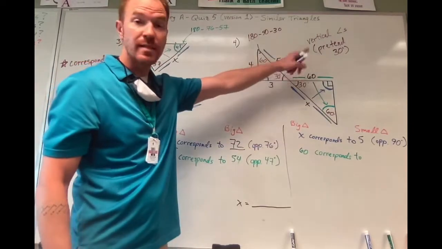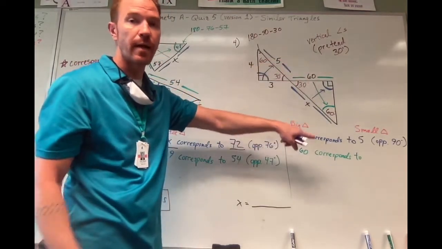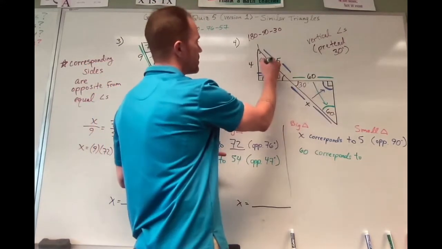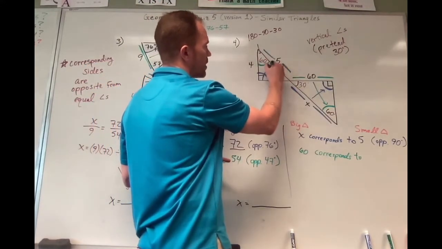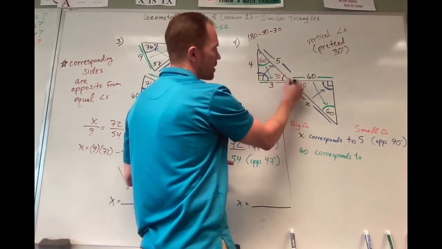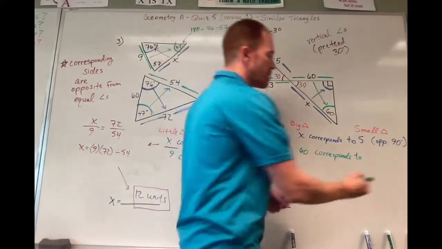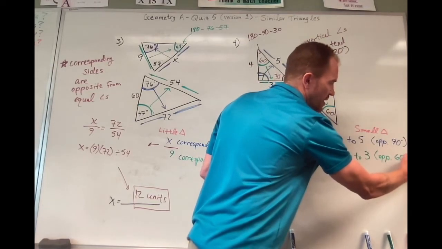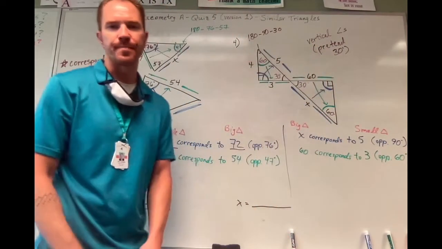So the side length of 60 is opposite a 60-degree angle that we were pretending. So let's use the same angle and go opposite, and we get the side length of 3. So 60 corresponds to the 3. They're both opposite the pretend 60 degrees.